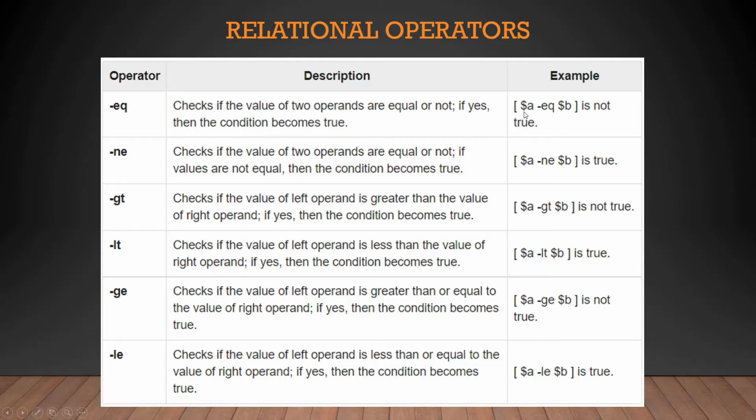Now, $a -eq $b, with 10 and 20, is not true. $a -ne $b, which is not equal to, is true because 10 is not equal to 20. Is 10 greater than b? No, 10 is not greater than b. Is 10 less than b? Yes, 10 is less than b.